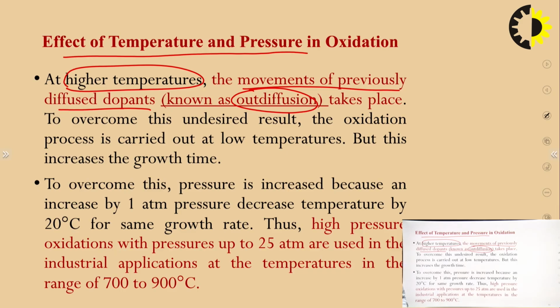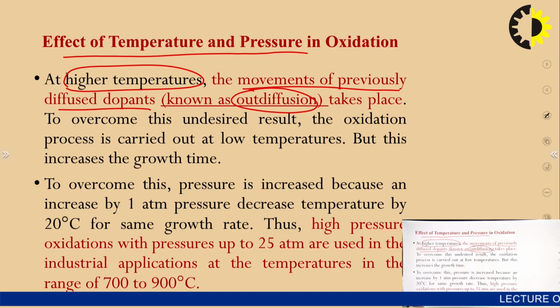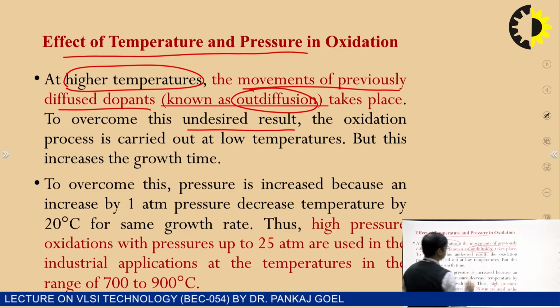The dopants in the substrate move at high temperature and may come out of the substrate and be deposited in the oxide layer. So, this is an undesired result and we should avoid it.